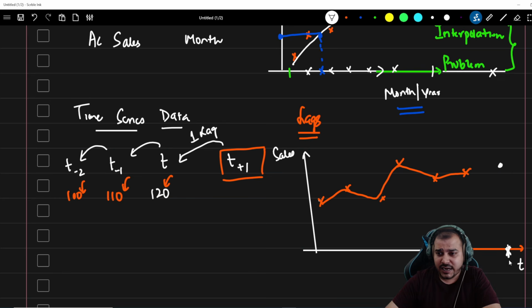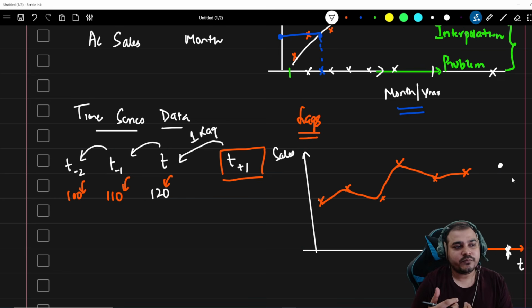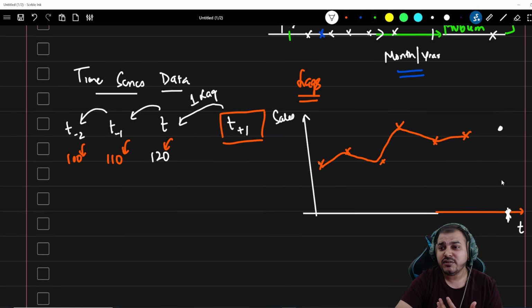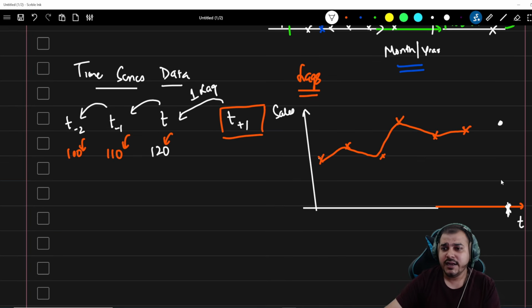Suppose I consider this timestamp after this specific data, because we usually calculate the time series problem for the future data, right? Suppose this was my T and this is my T plus 1. So for this particular time, what will be my specific sale? Let's say I have predicted my sales somewhere over here, and if I join this line, it will look something like this.